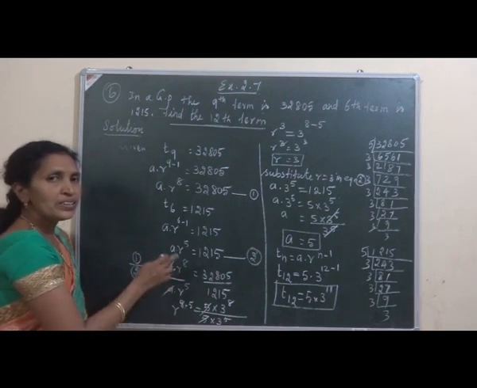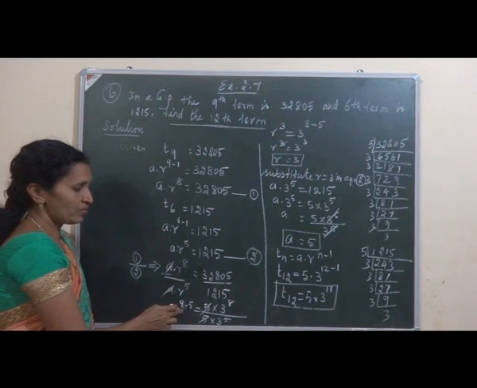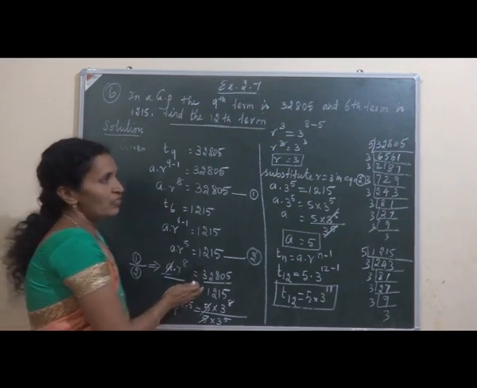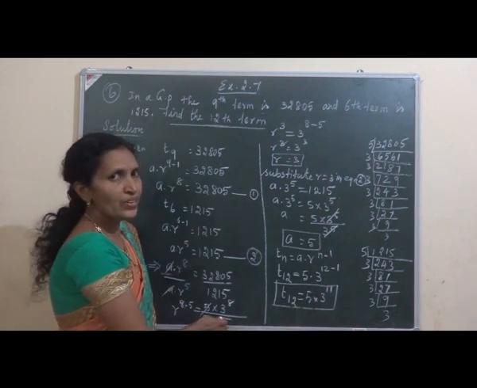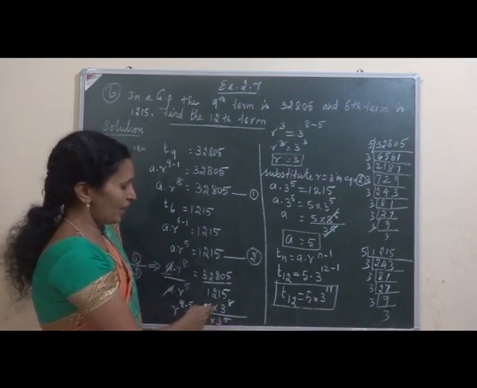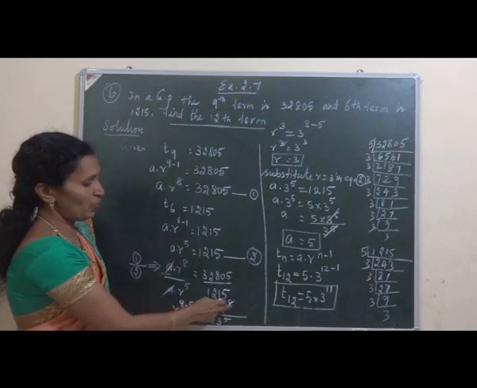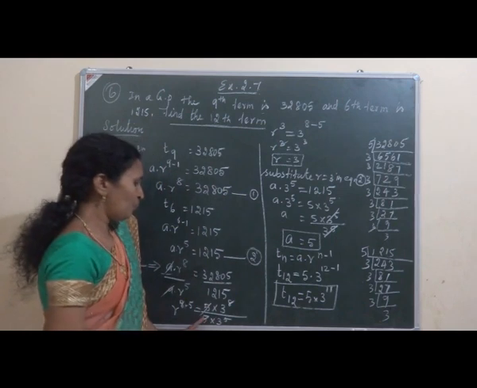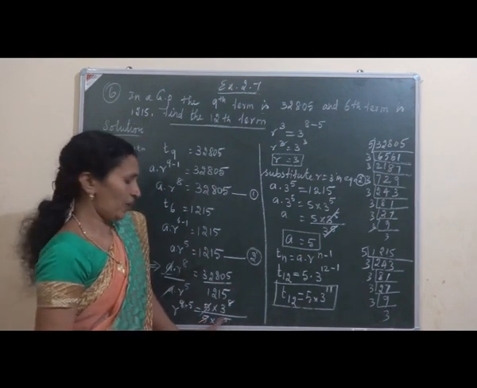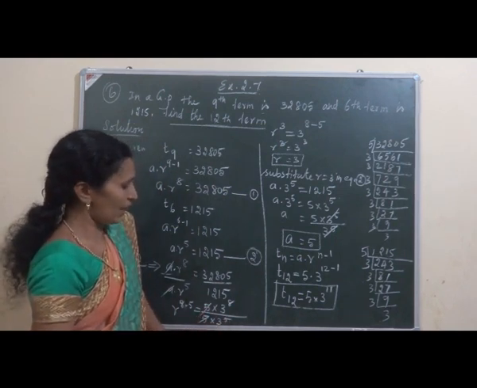R power 8 divided by R power 5 equals R power 8 minus 5. Okay. Here you factorize like this and write, it is easy. I feel so. So you do like that. 5 into 3 power 8 divided by, if you factorize this one, you get 5 into 3 power 5. 5 and 5 you will cancel.